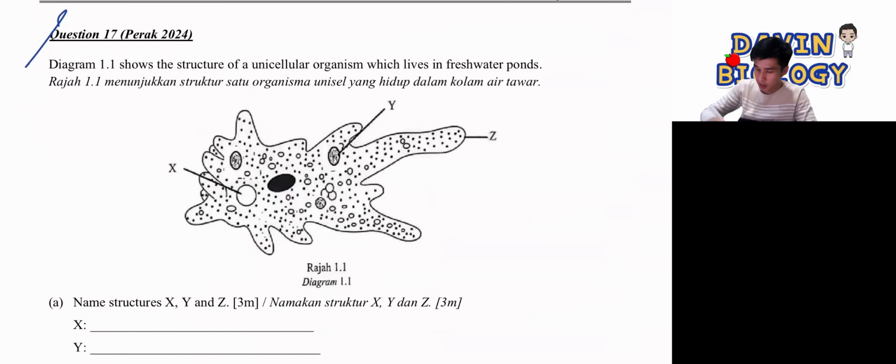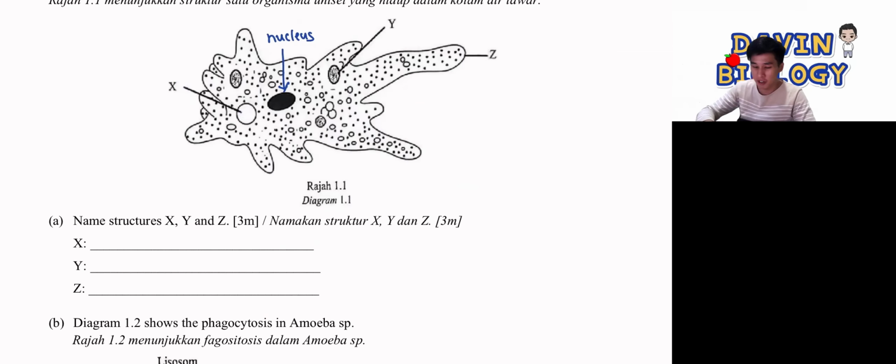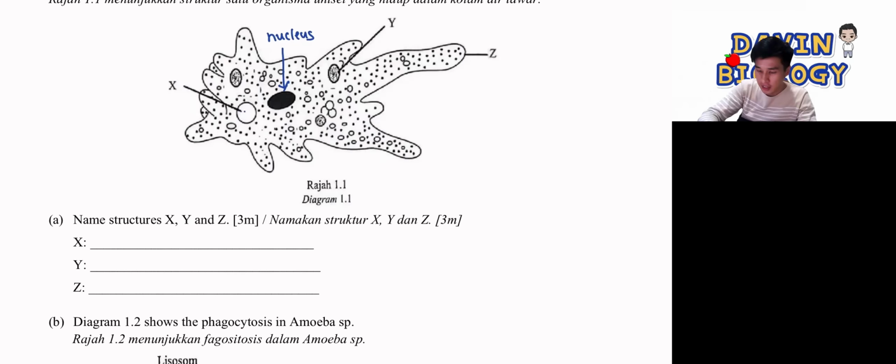Yeah, we have amoeba here again. So this round black one obviously is the nucleus. What about the round and white color one? X. What is that? Water vacuole. Okay. So you got one part of it correct. So yes, there's water inside. Very good.